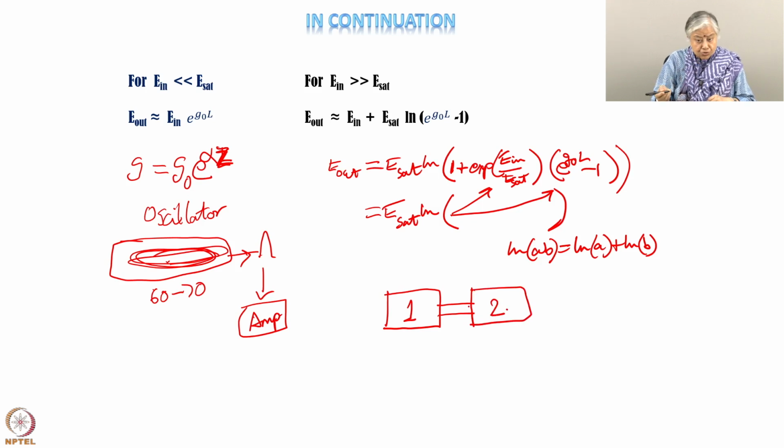Intuitively you can see that one thing you can do is defocus the beam and let it go into this amplifier, so a larger part of the amplifier is presented to the laser beam to be amplified. Whatever the spot size here, suppose it was this small, you have to make it bigger.